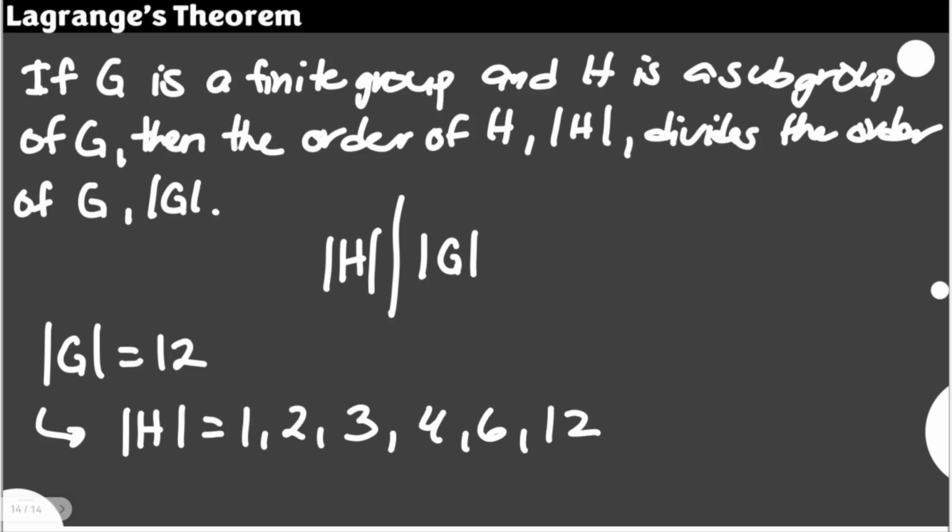In short, we cannot have any subgroup with order 5. We cannot get any subgroup of order 7 or order 10. It would be subgroups of order either 1, 2, 3, 4, 6, and 12. Take note that 12 corresponds to the improper subset, G itself, and 1 corresponds to the set containing the identity element.